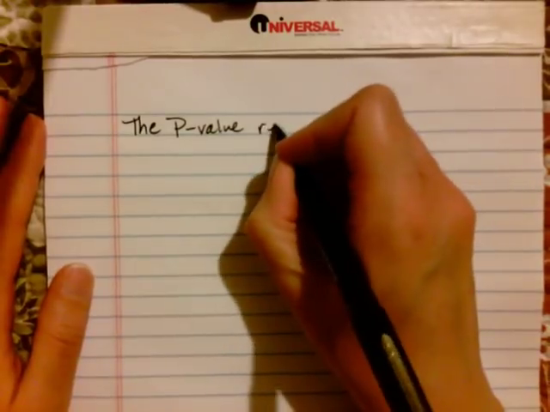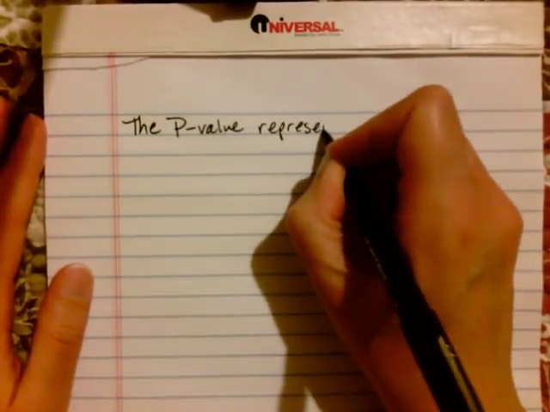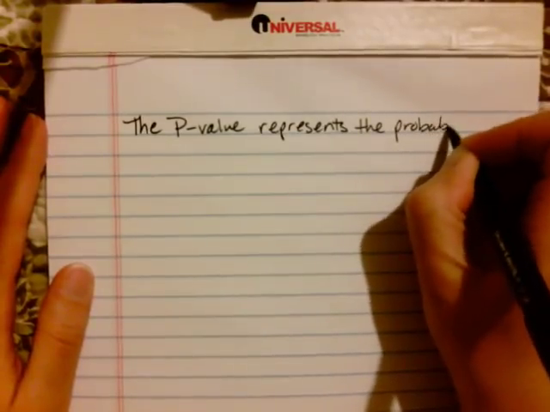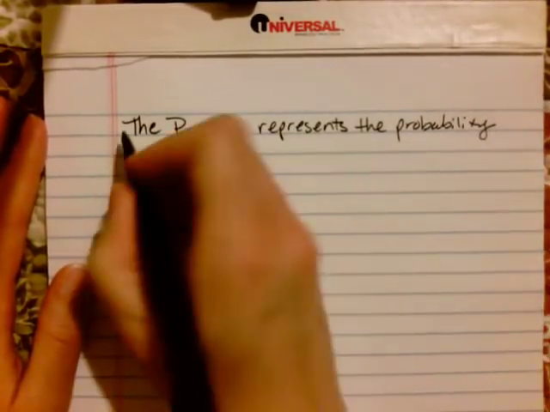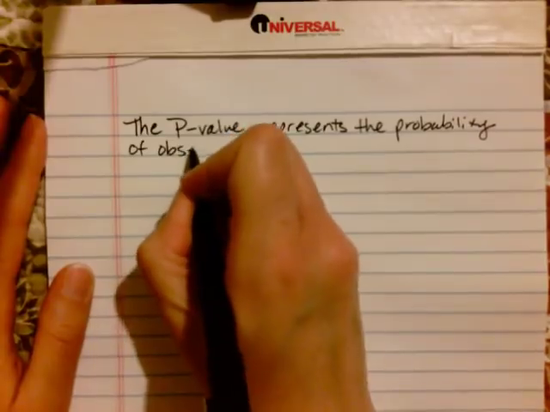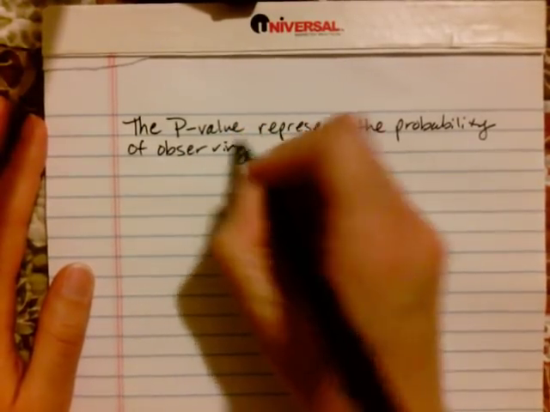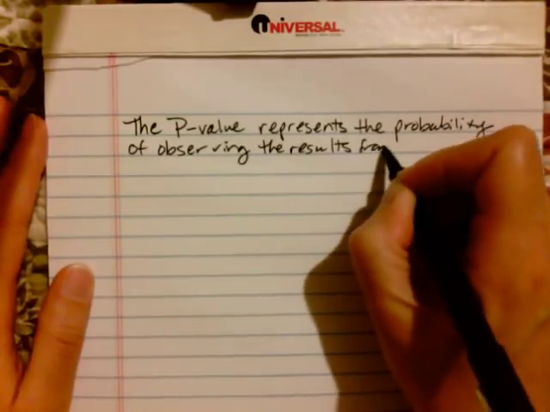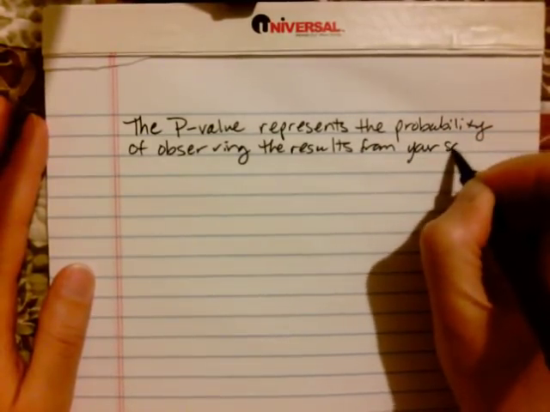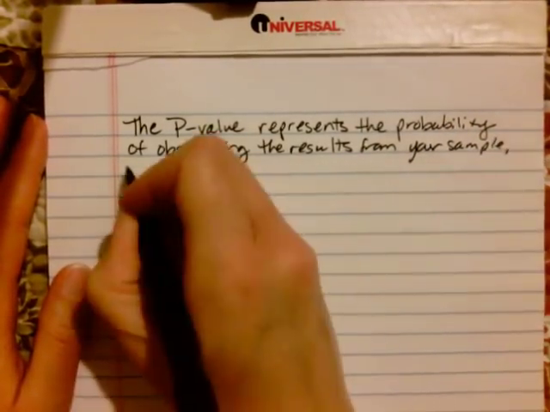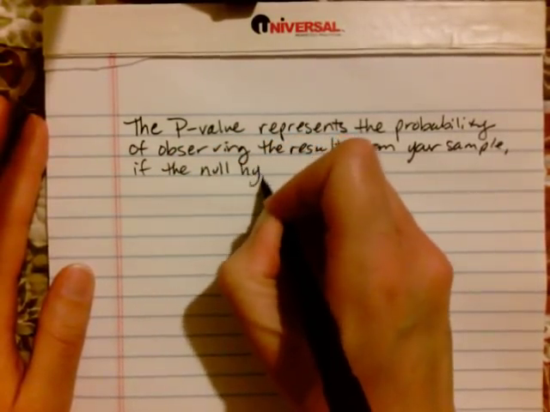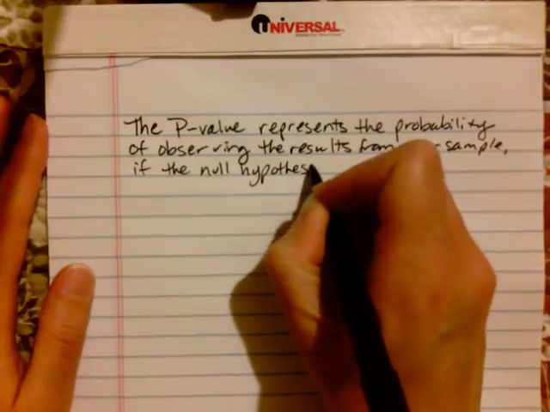The p-value represents the probability of observing the results from your sample if the null hypothesis is true.